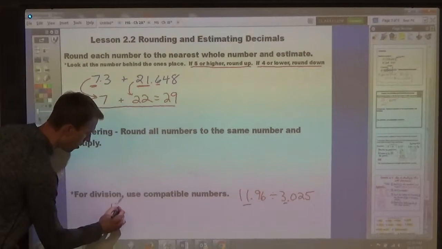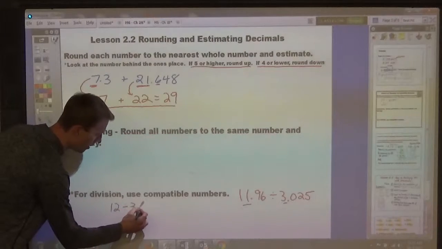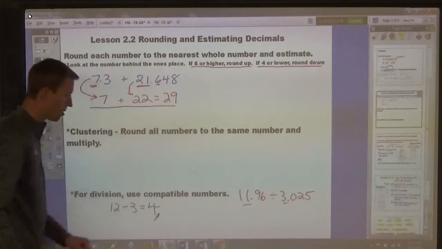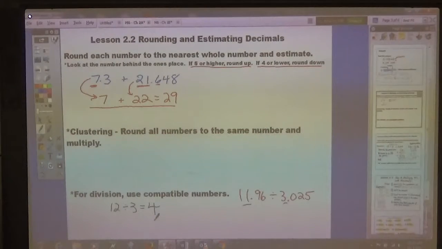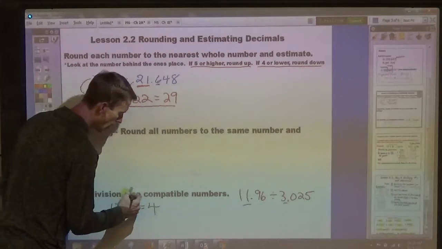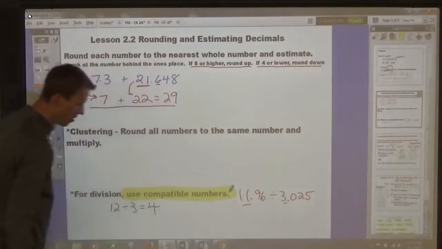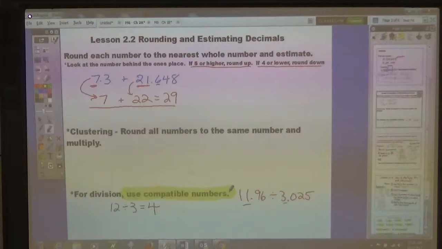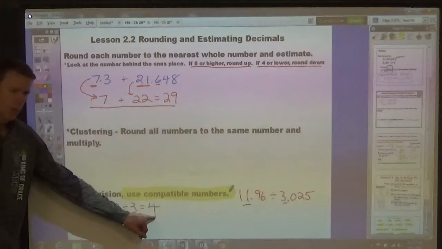Because we know that 12 divided by 3 is an answer without a remainder. So these numbers are compatible. Alright? So for division, you should use compatible numbers. Okay? Use numbers that divide without a remainder.